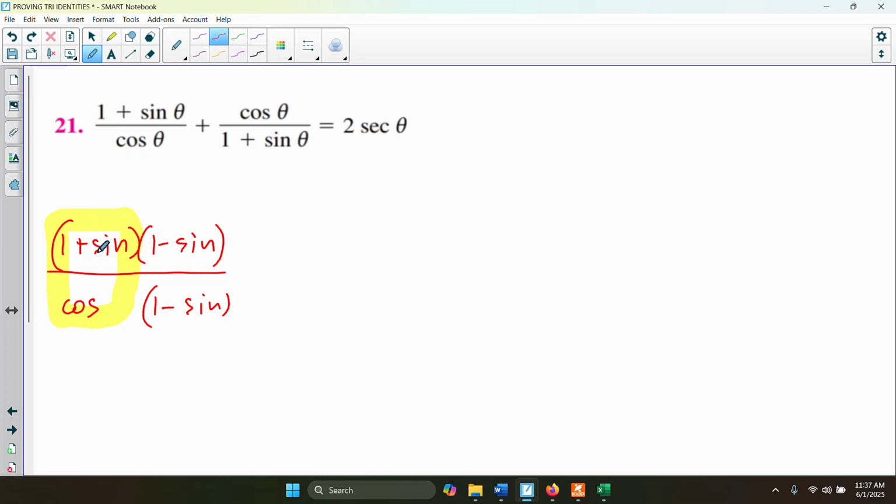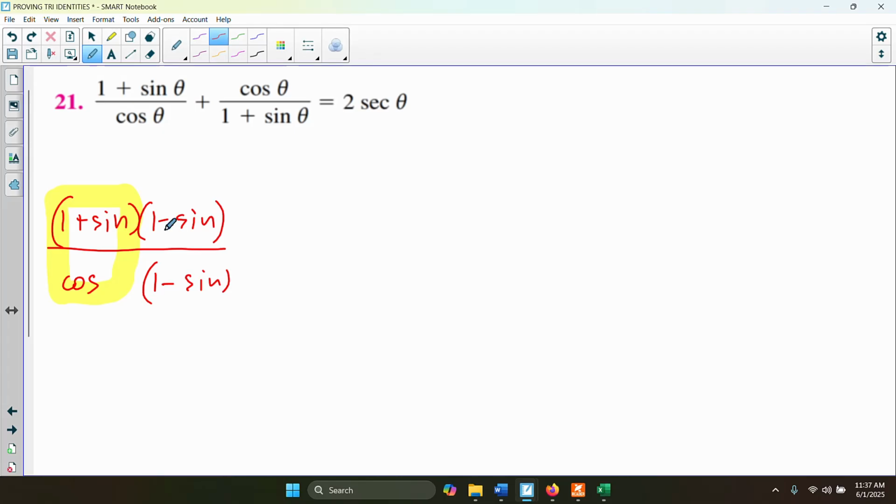Up top I might as well continue with this part, so I'm going to go a little quicker. Over here this is going to be cosine, and the conjugate of this is 1 minus sine. Leave it like that. And this is going to be 1 plus sine, 1 minus sine.